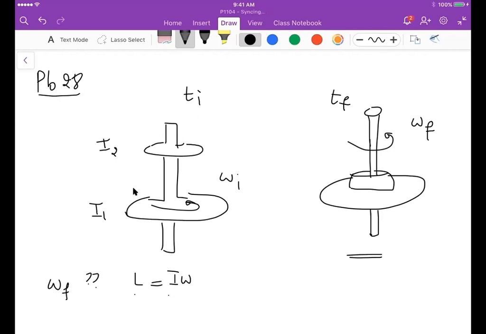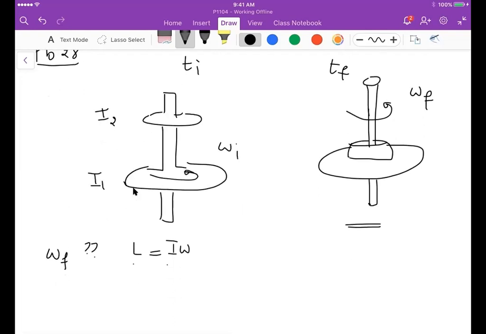Now, if you consider the system of the two cylinders plus the axle, this system is isolated, because no external torques act on this system about the axis of rotation. So we can apply the law of conservation of the angular momentum.